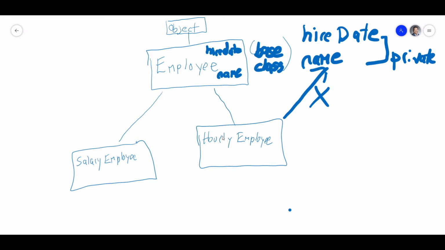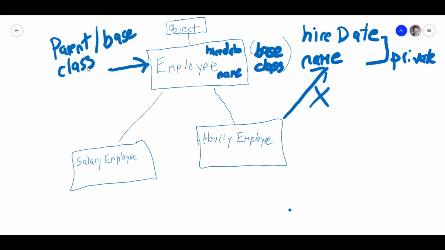So as you see here, I have a salary employee and hourly employee, so many subclasses out of this parent class. So again, we can say it's a parent class, or we can also say that it is a base class.